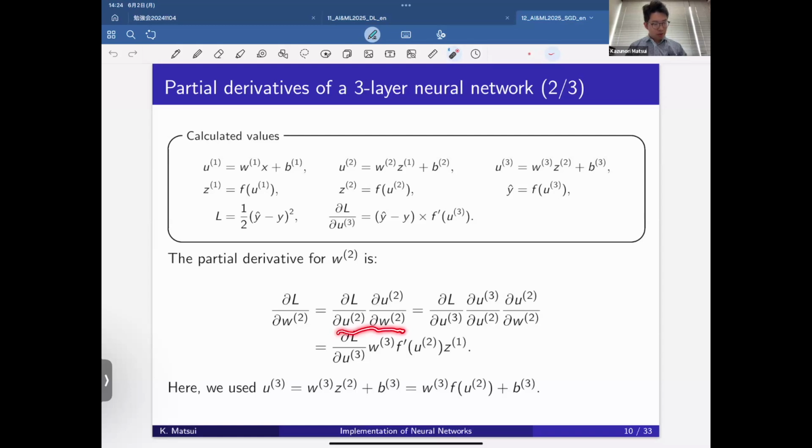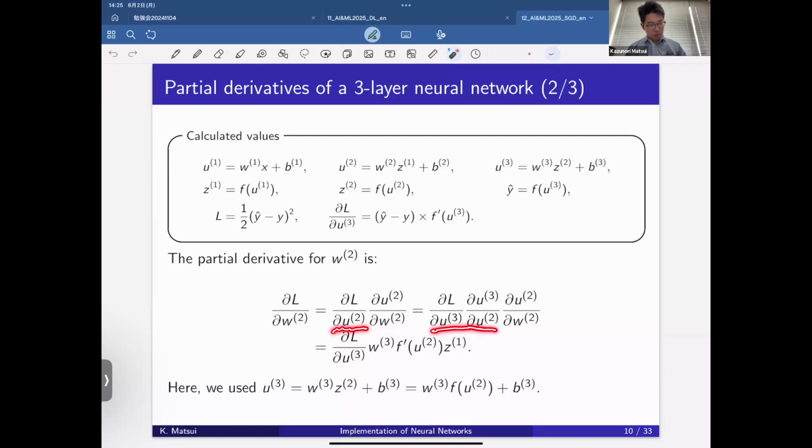The partial derivative of L with respect to W2 can be written as the partial derivative of L with respect to U2 times the partial derivative of U2 with respect to W2. The partial derivative of L with respect to U2 can be written as the partial derivative of L with respect to U3 times the partial derivative of U3 with respect to U2.